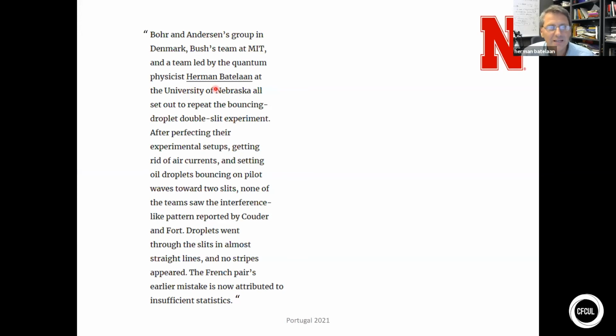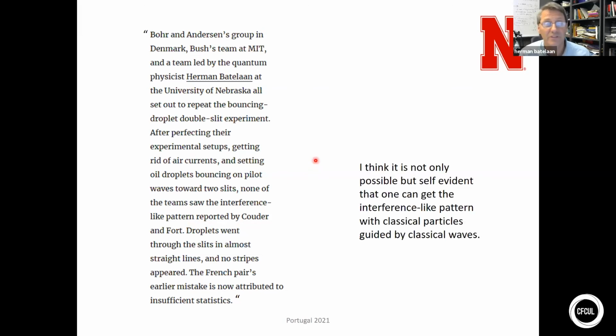So they say that we also invalidated Couder's experiment. I do not think that we invalidated that. I think it should be pretty self-evident that you can get interference-like patterns by classical particles, by classical waves, which most of the people in this community believe. So the way that this article was written, I do not subscribe to.